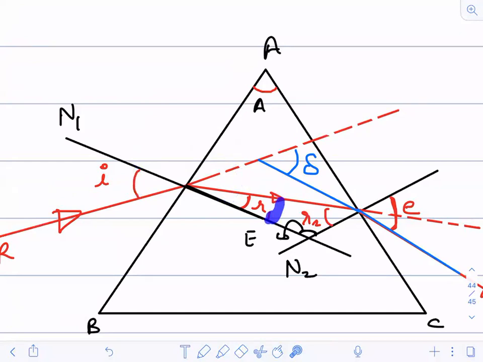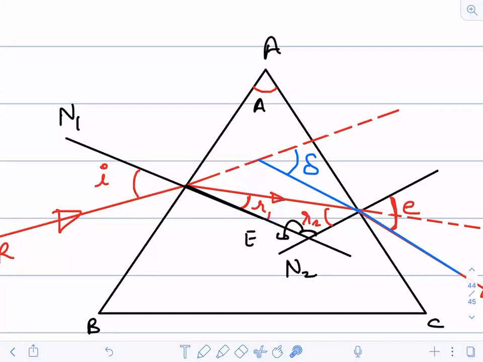R is this angle. I is this one. So the smaller angle you see is R, and the bigger angle is I. So what will be this angle? Will it be I minus R?